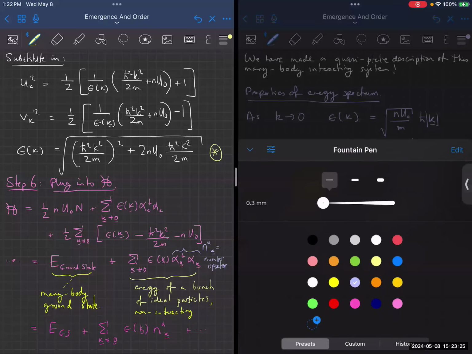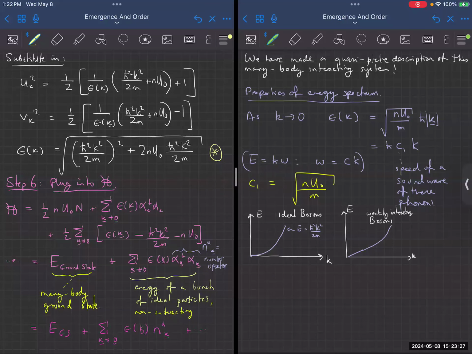And so here at the origin, this behavior is going as h bar c1 k, and so it is linear. And that's why we can think of these things as phonons. That's exactly the relationship that we would have if we had sound waves.